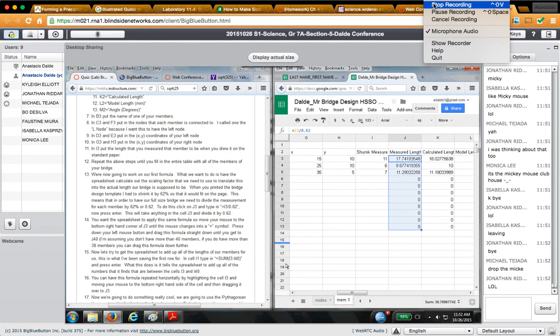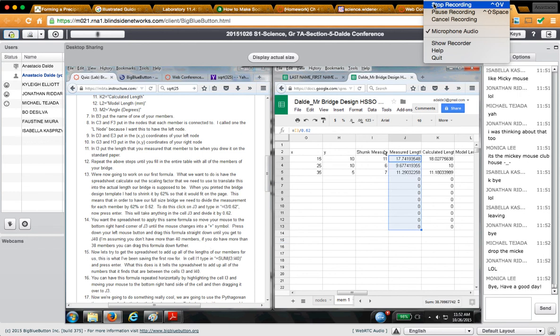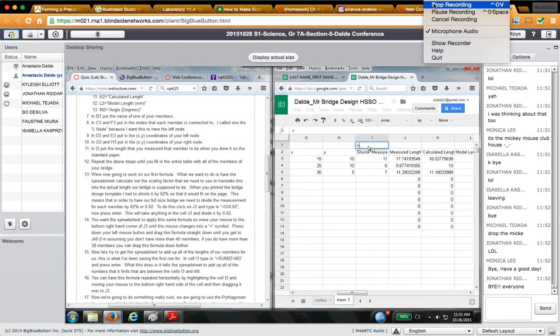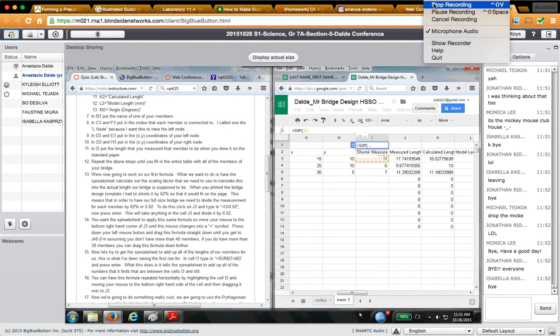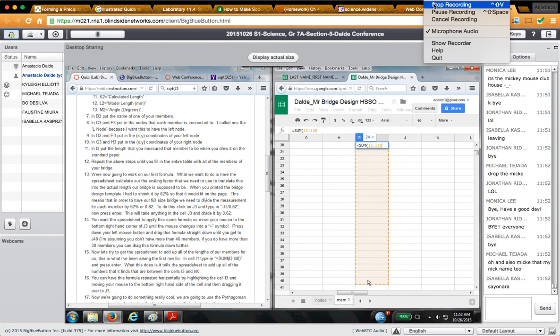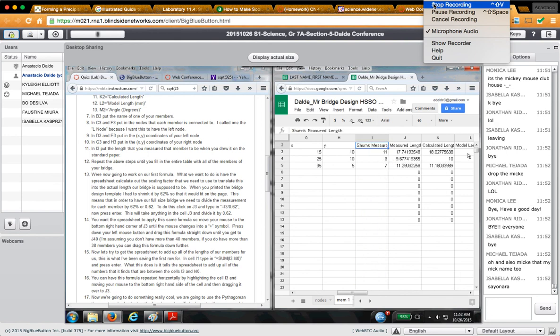So for question 15, I want to click here and say equals the sum. What the sum means is I just want you to add all of this stuff for me, going all the way down to 40. Then you close that parentheses, press enter. And what it does is it adds up all of the numbers here.